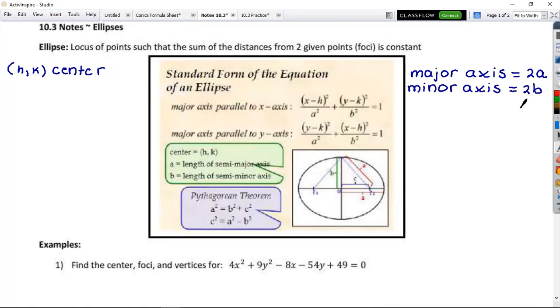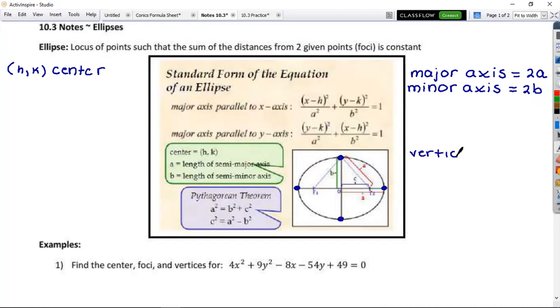Next thing I want you to write down here is if you look at this picture, you will see that your A goes right over here, and this is going to be called a vertice. Same thing up here, same thing up here, and down here. So an ellipse has 4 vertices, and to find the vertices, I'll make a little category here.